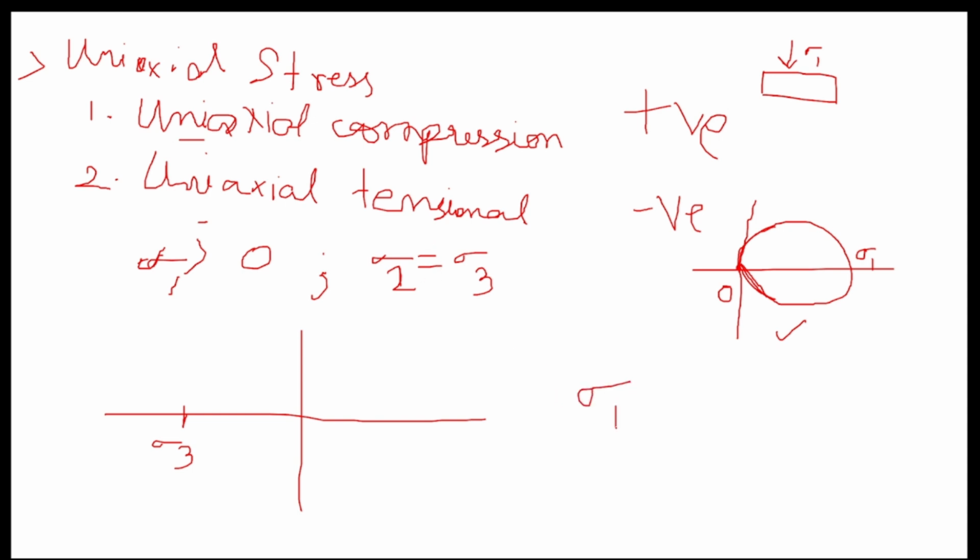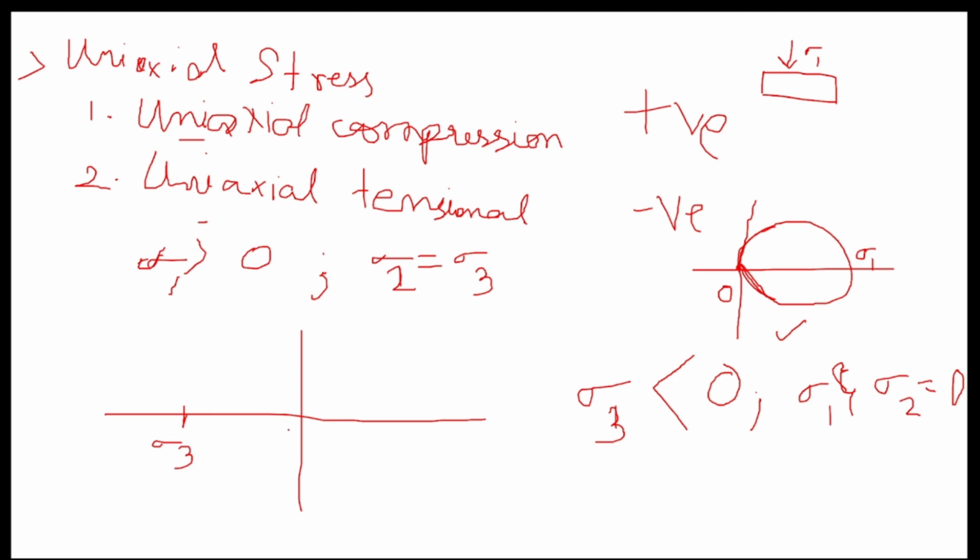So sigma 3 is less than 0, whereas sigma 1 and sigma 2 are equal to 0.